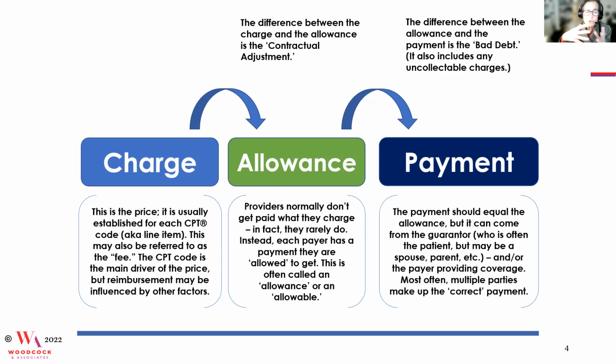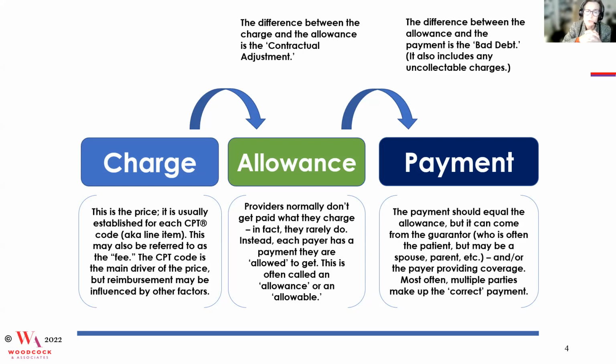Now, the charge is typically the main driver of the price, but there are some other factors like a modifier or the place of service where it's being performed, et cetera, that also may influence reimbursement. We don't need to get too deep into the weeds. We just need to know there's this price.